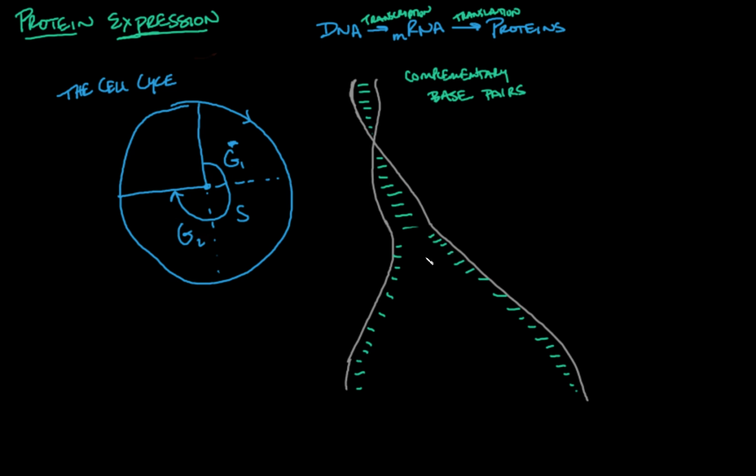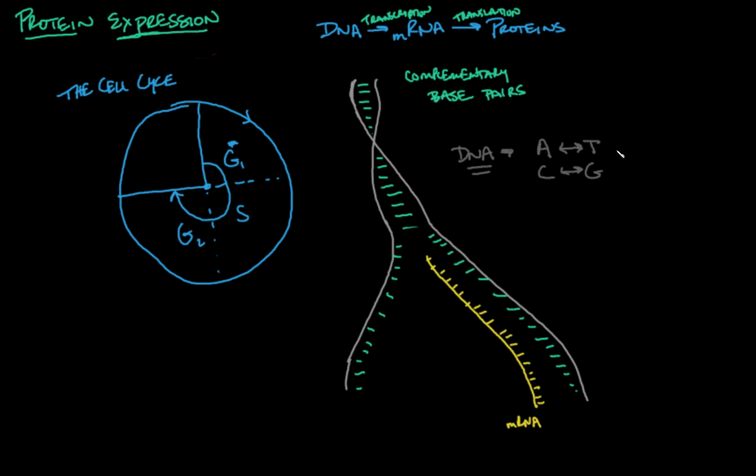It might add in new nucleotides one at a time to the new strand, right? So this yellow strand is mRNA. And you should know that the way this pairing works, if we're talking about DNA, I'm going to do this in this boring gray, A and T go together, and C and G go together.